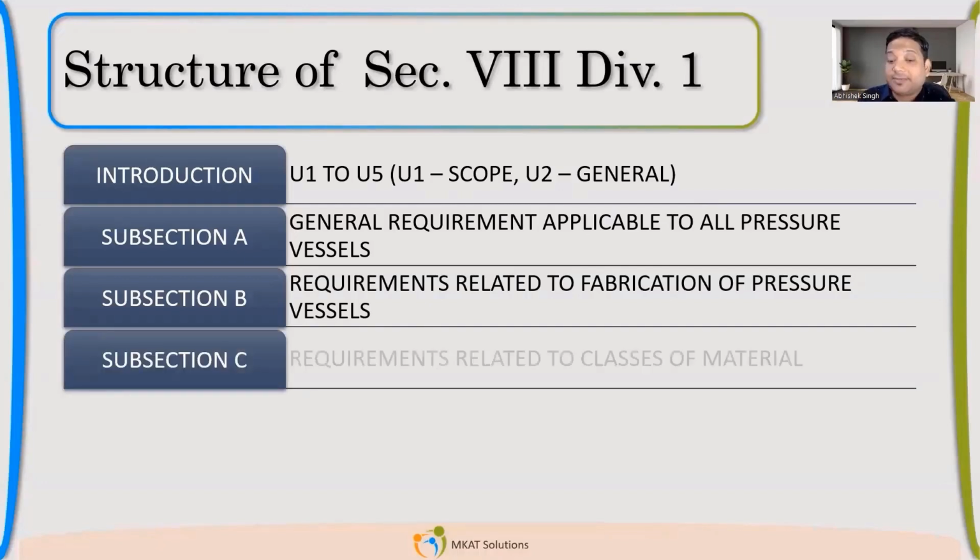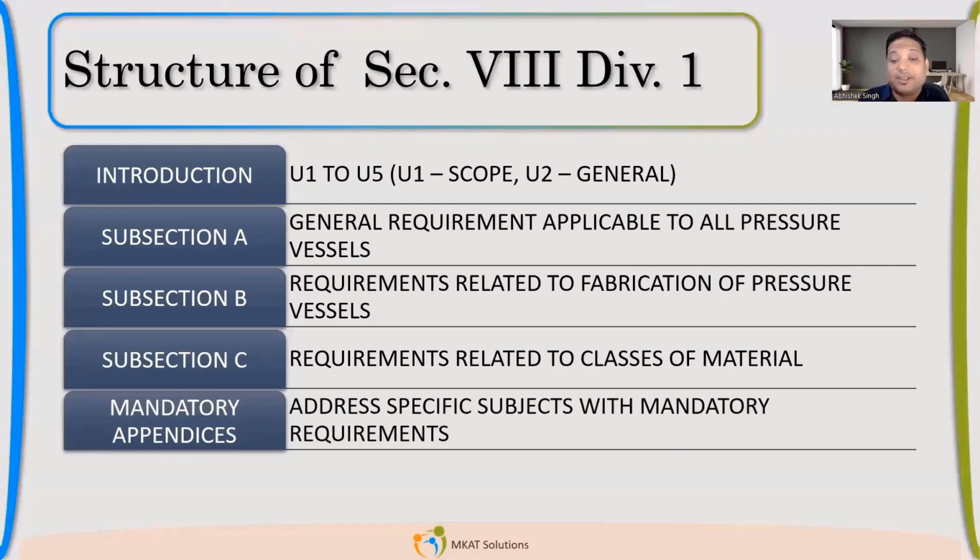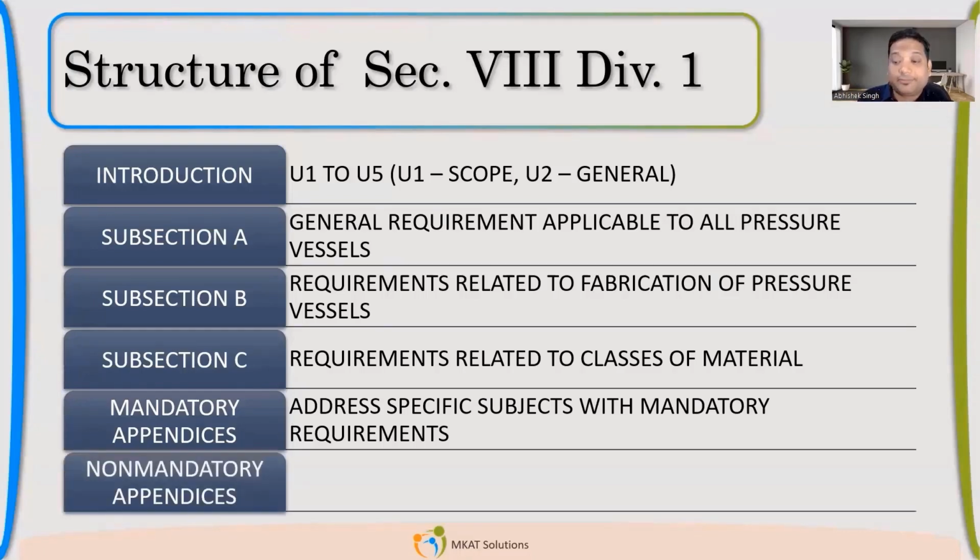Then subsection C comes, which talks about requirements pertaining to material. So material requirements we cover in subsection C. Then there are mandatory appendices, which address very specific subjects, like flange design and other formulas not covered otherwise. These are mandatory, we have to follow them if applicable. UHX, great. Then the non-mandatory appendix.